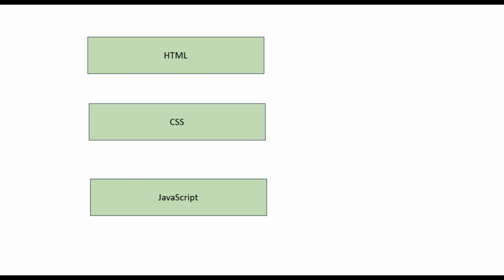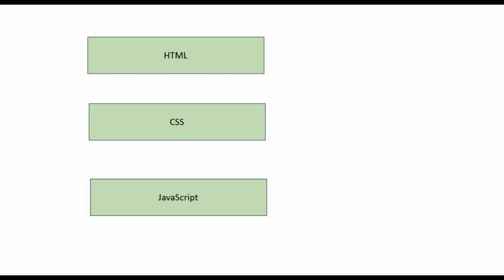CSS stands for Cascading Style Sheet. It makes our website beautiful, applying background colors, applying font colors, making text bold whenever required, making underlining whenever it is required. All the effects we can refine using CSS.